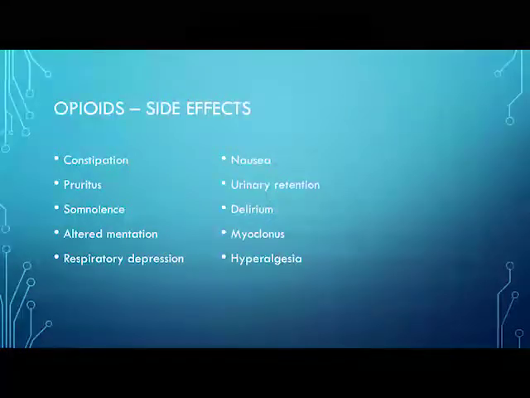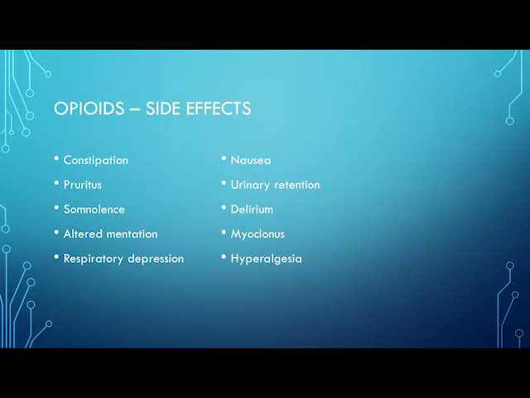Other side effects, which we think about less commonly, are things like nausea, urinary retention. You can have delirium, myoclonus, especially from morphine, especially if your kidneys aren't working so well and you build up a metabolite, which doesn't give you analgesia but does cause side effects. And hyperalgesia is not something that I've seen frequently, but it is something that can certainly happen as someone has been on opioids for a long time.